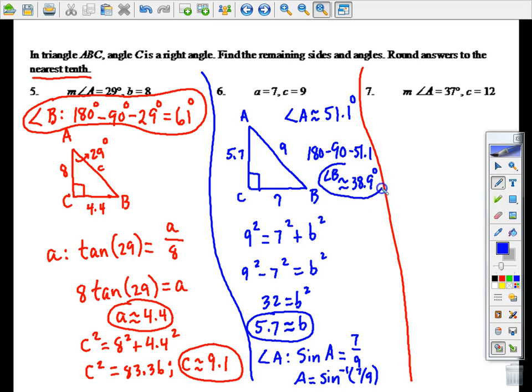All right, so we got our angle B found, we found our angle A, and we found side B.